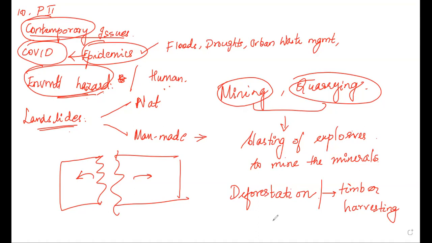So deforestation is also one such very important event which can lead to landslides. You can write it like deforestation and urbanization, and the negative effects of it can lead to landslides.